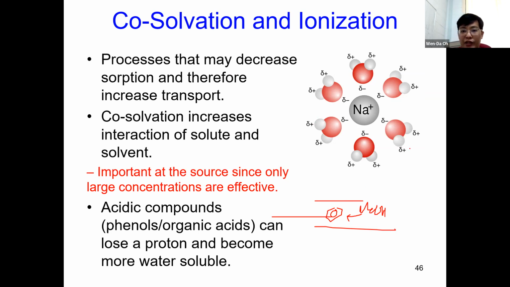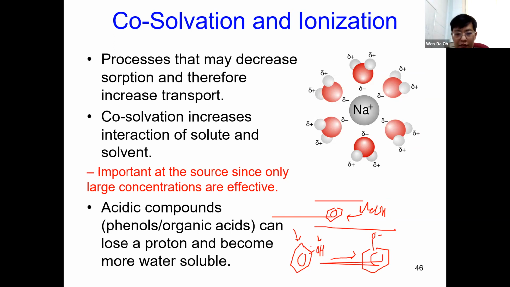Another one would be ionization, let's say a benzene ring. You have this phenol. This is phenol, right? You have an OH group here, right? It can actually be ionized to become oxygen with a negative charge. So this negatively charged oxygen is more soluble compared to the one that has no negative charge. Okay, so this is what we call the molecular form, right?